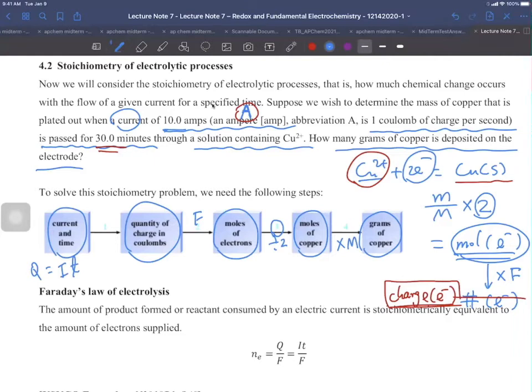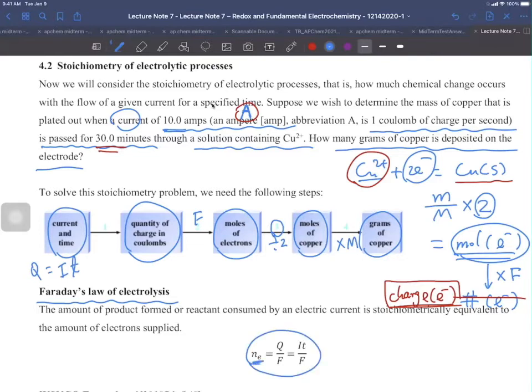So actually, this is the contribution made by Faraday. He successfully connected the mass of the metal with the physical quantities, the current and the time. This is called Faraday's law of electrolysis. So the final equation is like this.